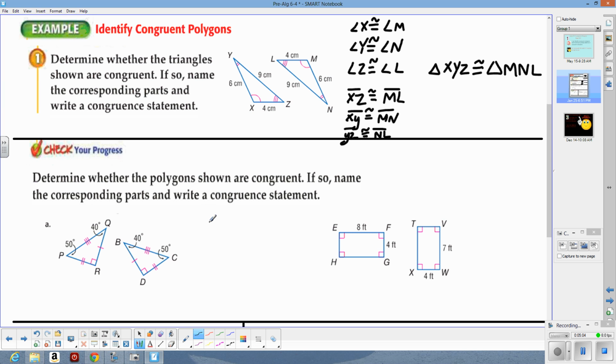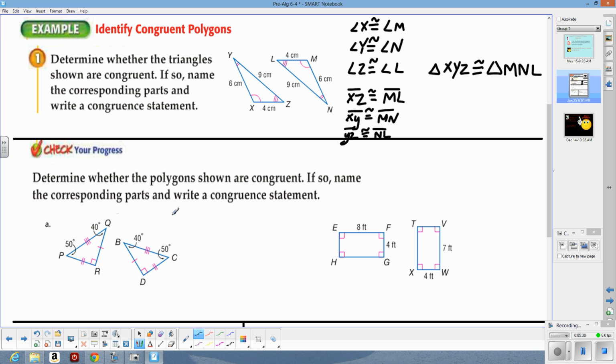The first one says determine whether the polygons shown are congruent. If so, name the corresponding parts and write a congruence statement. Well, because of these markings on the sides, I know that the corresponding sides are congruent. And the angles, we have 40 degrees, 50 degrees, and 90 degrees in both triangles. So therefore, it is going to be congruent triangles.